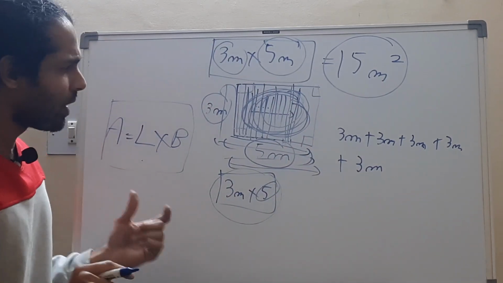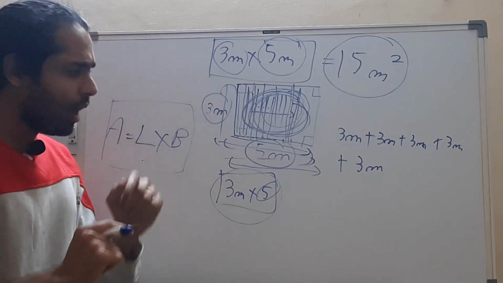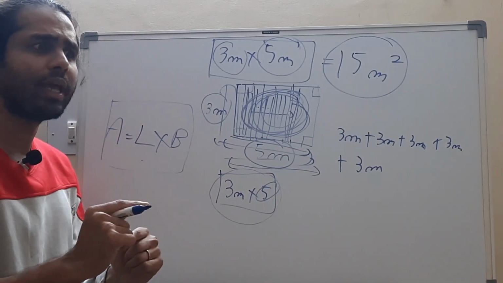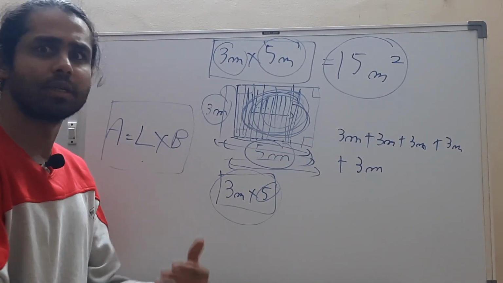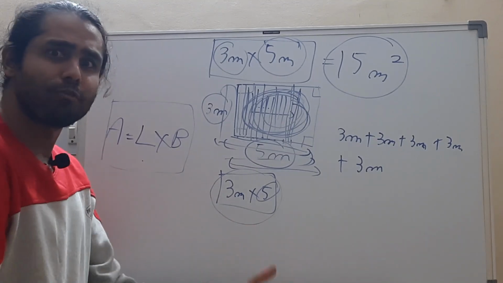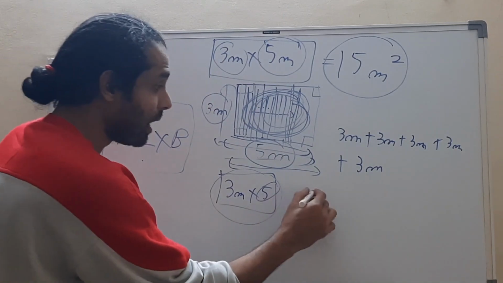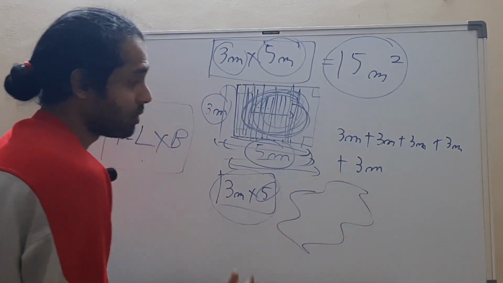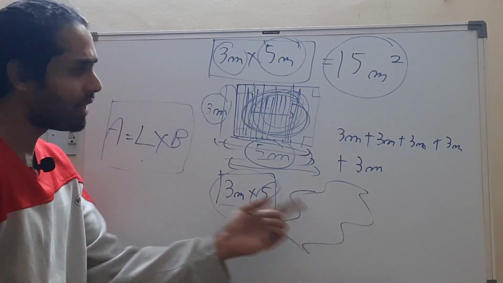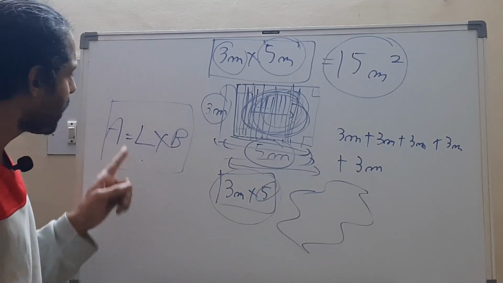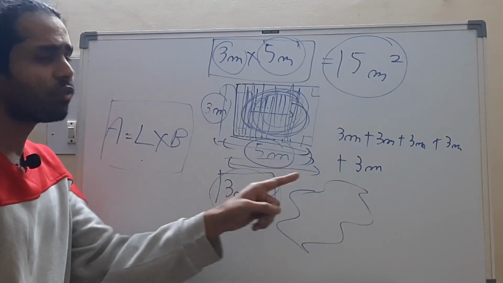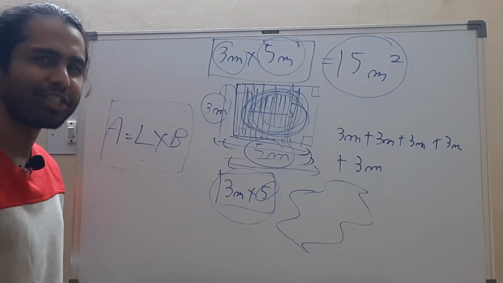So the question is, okay, this works for a rectangle. How do I use this formula to find out the area of other shapes, triangles, circles, other kinds of parallelograms or whatever it is? And then finally, what about a completely uneven surface, which is not a regular shape? How do I find the area here? If our only formula is length into breadth, how do I use it for other shapes? That's an interesting question.